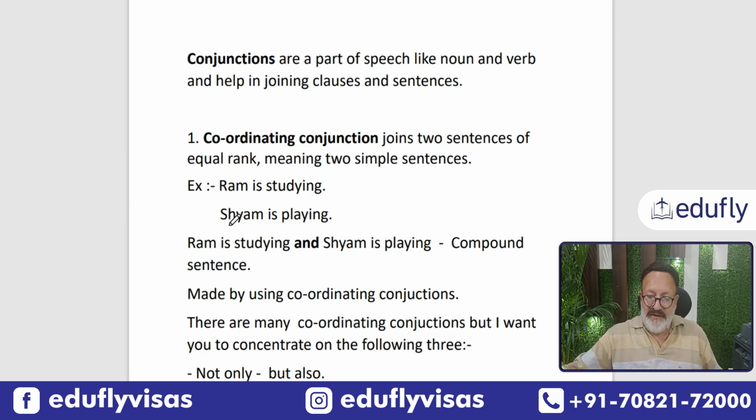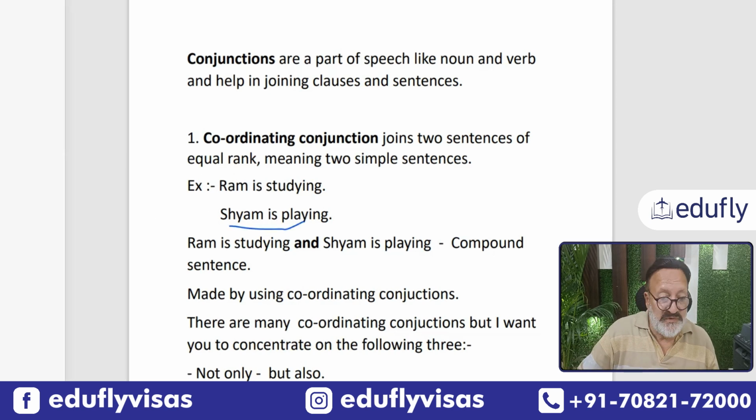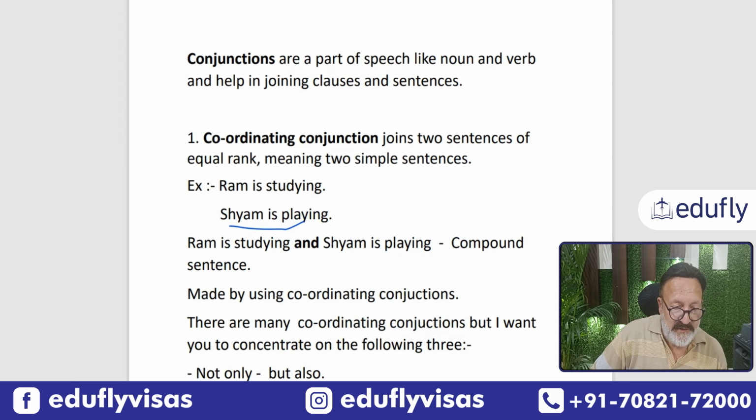Shyam is playing and Ram is studying. So now we use a conjunction, this is 'and'. Ram is studying and Shyam is playing. So these two simple sentences have been converted into a compound sentence. A compound sentence is made by using coordinating conjunctions.